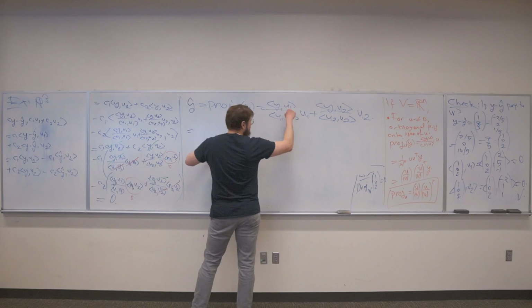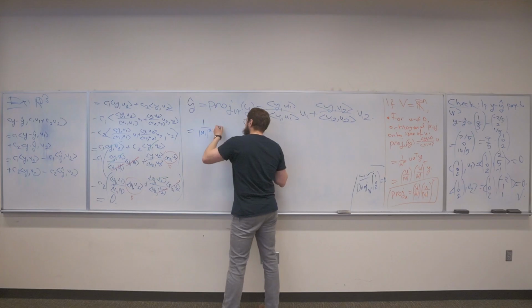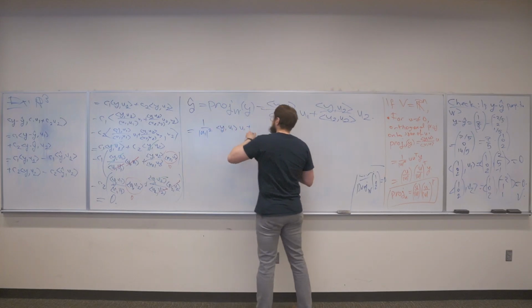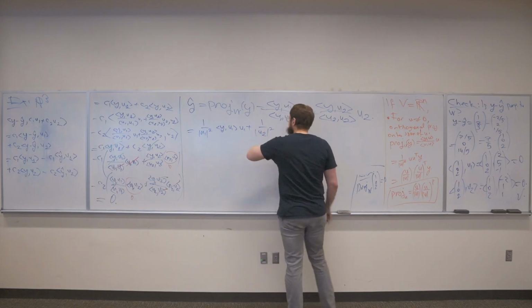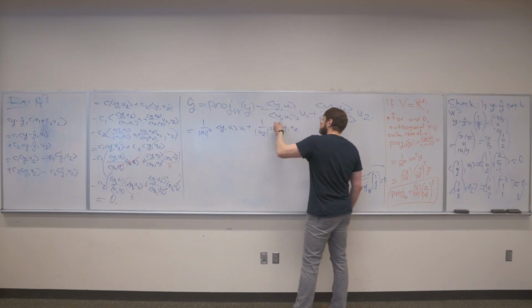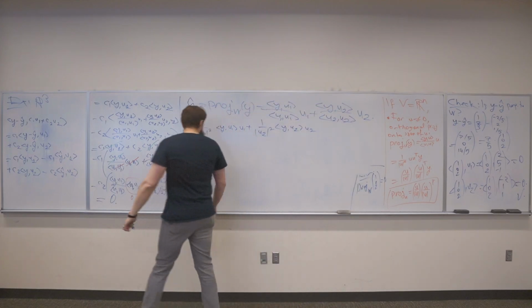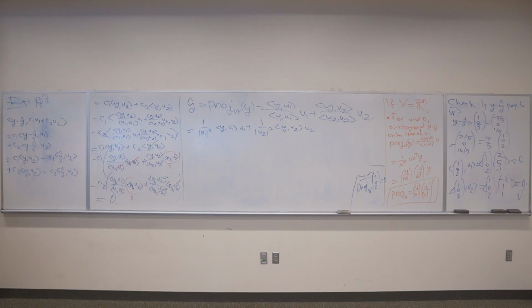I'm going to write this as 1 over u1 norm squared times something. Okay, plus 1 over u2 norm squared, y against u2 times u2. Now, I want to split these scalars, set them aside.